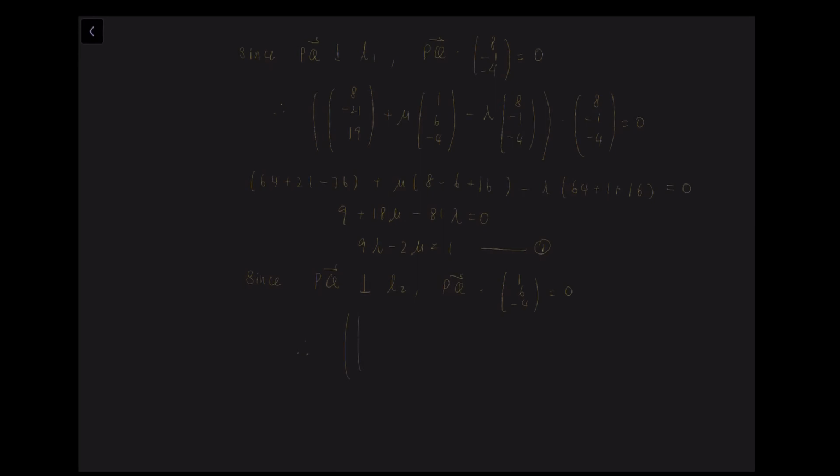So we plug in the PQ again into this equation, and we get a simplified version of it, which is 8 minus 126 minus 76 plus mu times 1 plus 36 plus 16 minus lambda times 8 minus 6 plus 16 equals 0. And the simplified version of this equation is 53 mu minus 18 lambda equals 194.